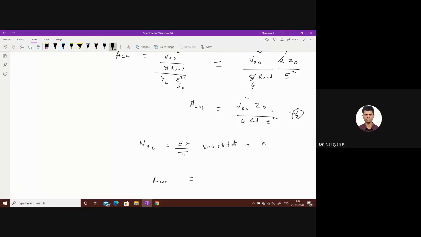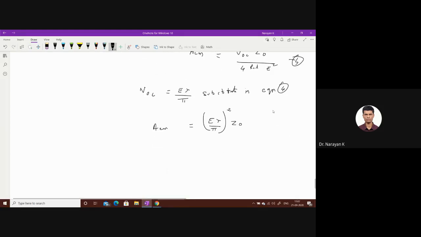VOC square will be E lambda by pi whole square, Z naught, divided by 4 times radiation resistance into E square. Agreed?